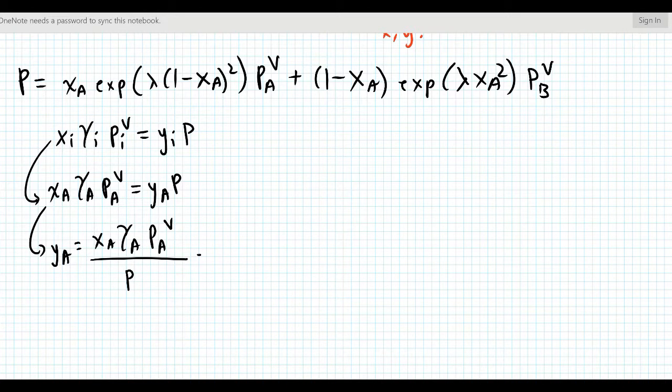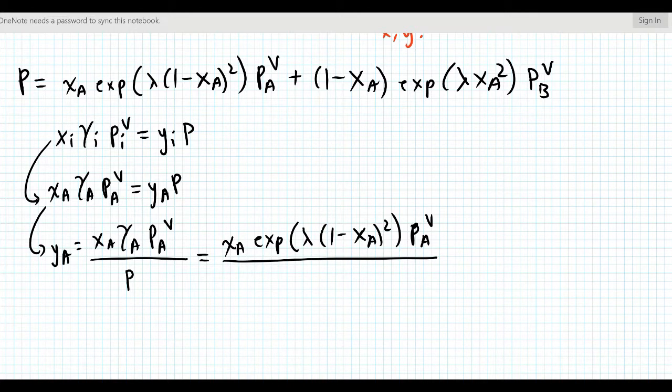Now we know what gamma A is because we solved for it previously. So we can say that xa times e to the lambda times (1 minus xa) squared times PA^V divided by P. But what is P? P is this.